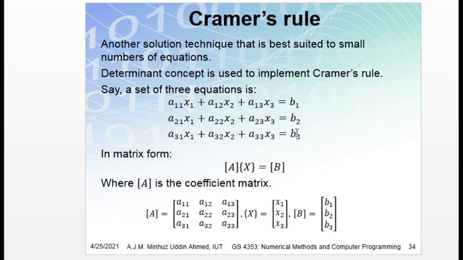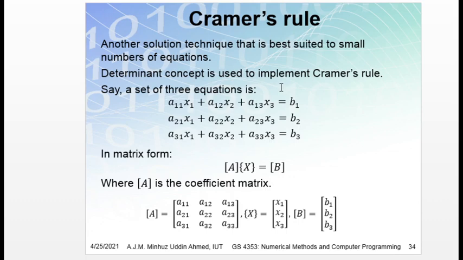All these B1, B2 and B3 are the constant terms on the opposite side of the equation. Using these we can solve by Cramer's rule.